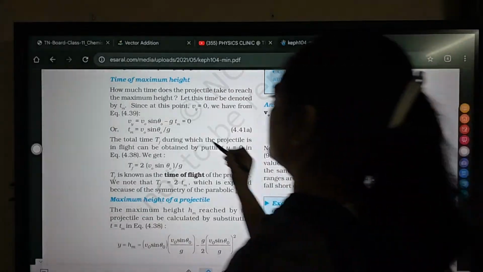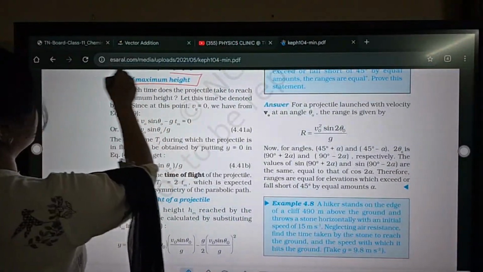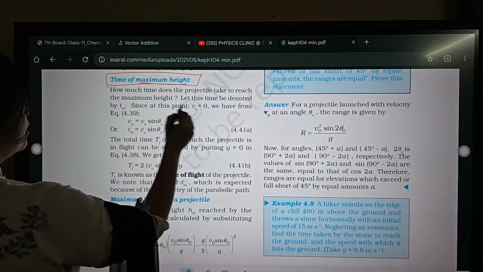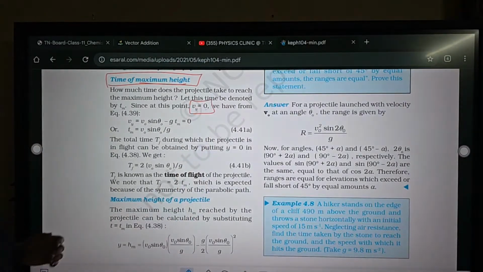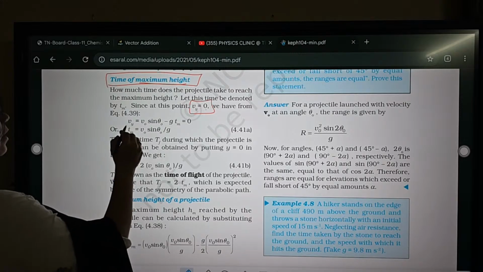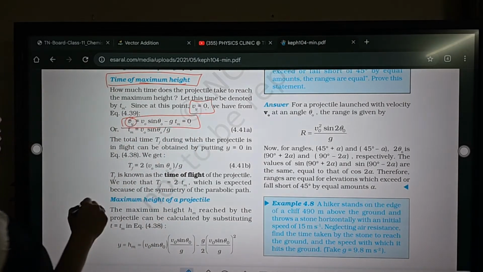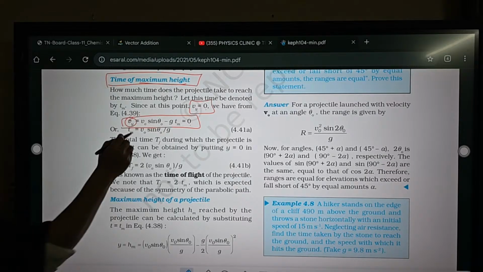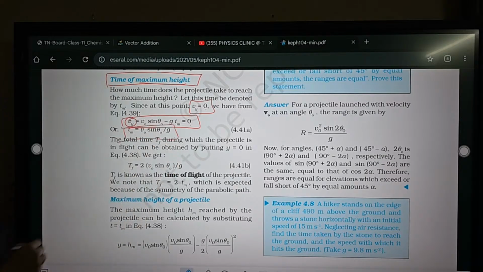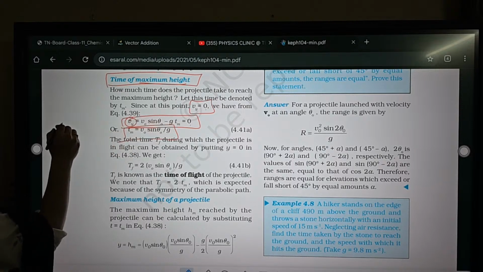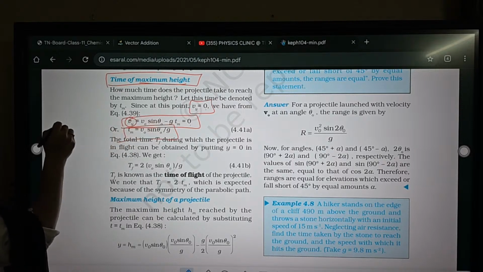So the heading itself has the meaning: at maximum height, the velocity will be 0, right? So you are taking Vy alone and equating this Vy to 0 here, and then finding the maximum time. That's it. Very simple, easy, right? Correct now? Clear? So you are putting Vy as 0.